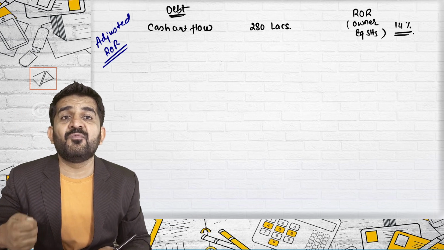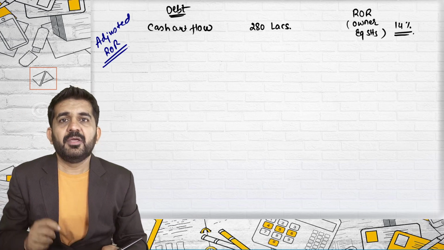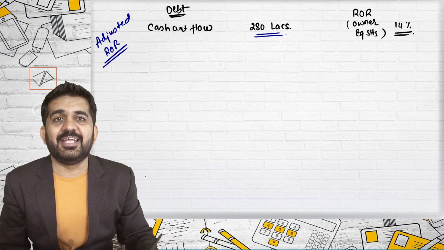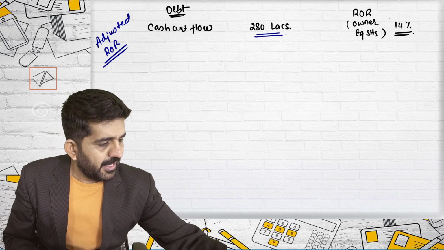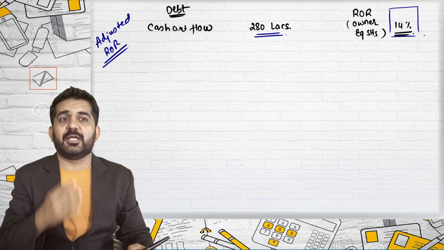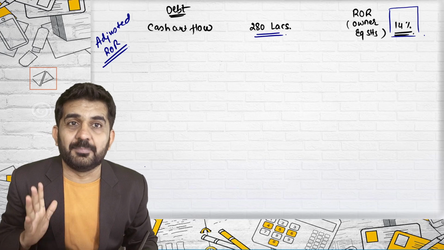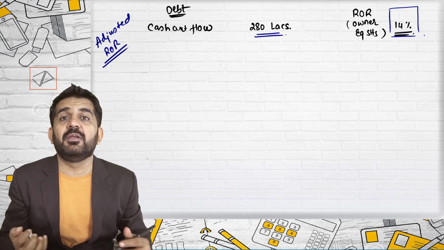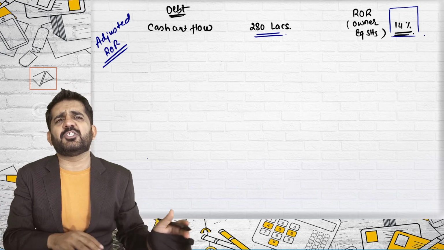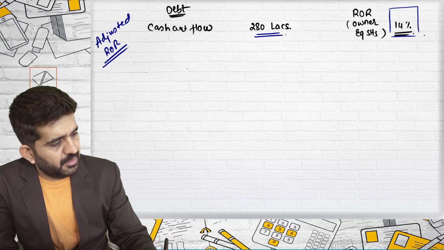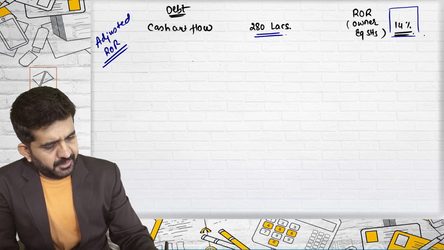What income would I generate if my cash outflow is 280 lakhs and the required rate of return of equity shareholders is 14%? Every year, what cash will I be generating, including tax benefit, including everything, what would be my income?